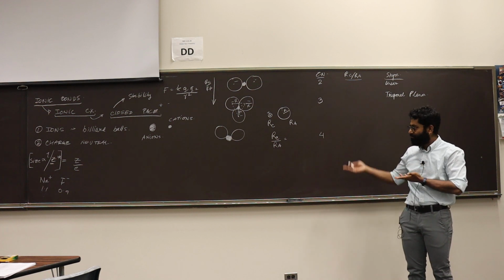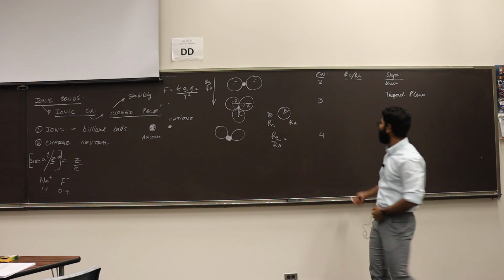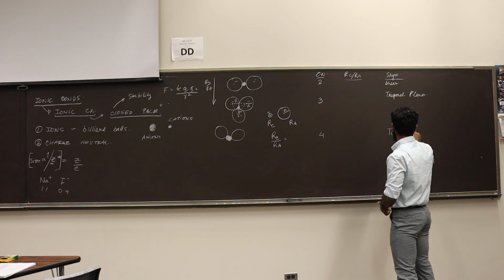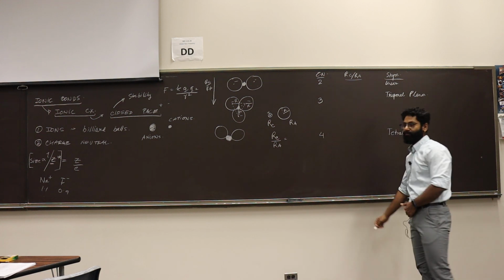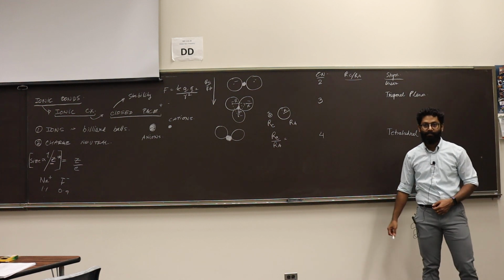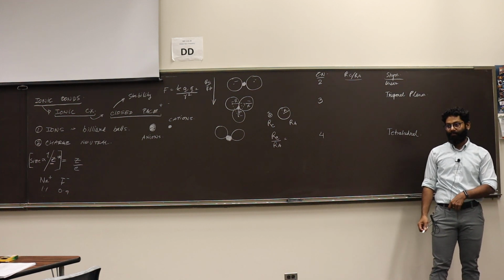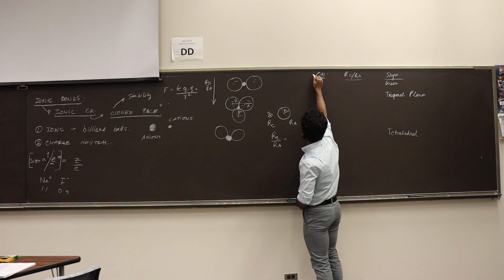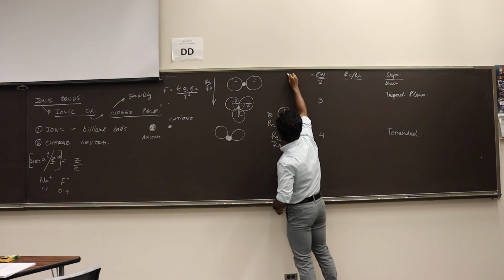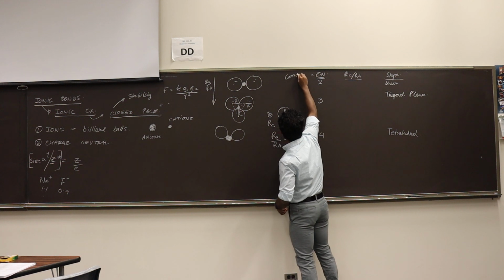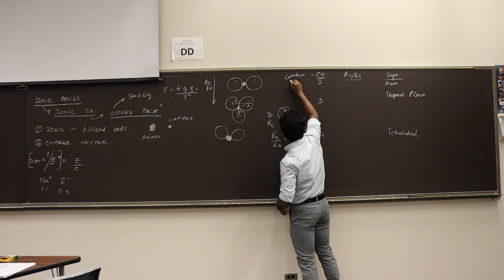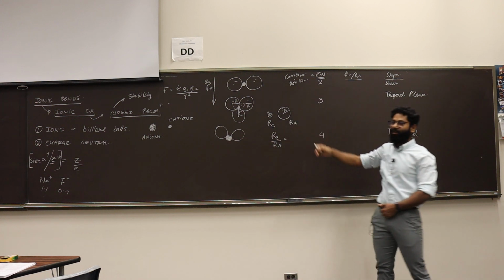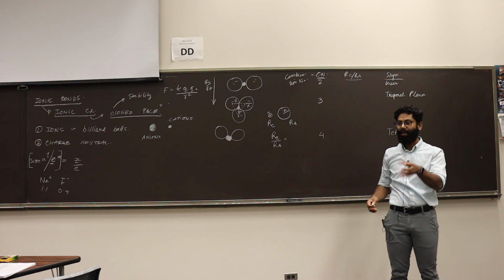Yes, it's tetrahedral. What was CN? Coordination number. So it is just the number of anions that are surrounding the cations.